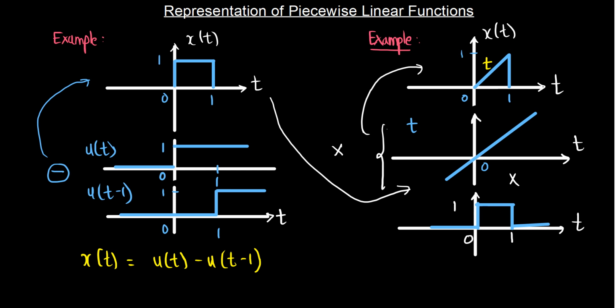It is simply t being multiplied by the box function that we already know, that is u of t minus u of t minus 1. What is this? This is the signal x of t. Now we can see that such kinds of signals which are piecewise linear can be represented using the unit step signal. Let's see another example.